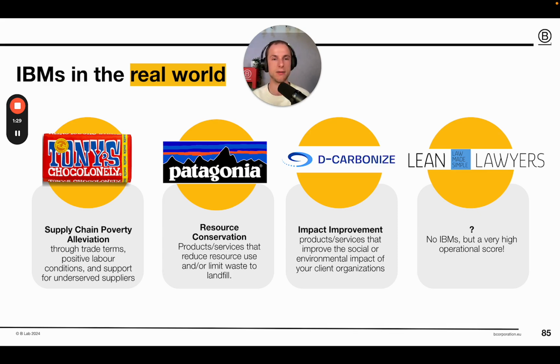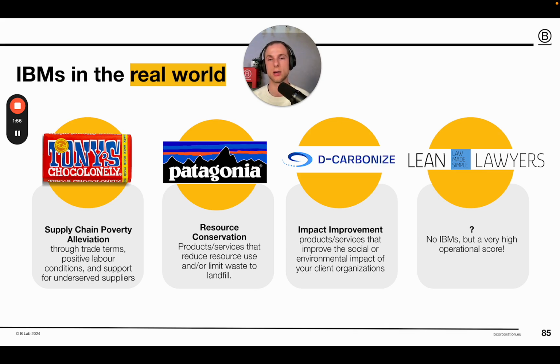So, for example, they have a take-back system and a repair system, and they also use recycled input materials in their products. And all of these initiatives are rewarded with the resource conservation impact business model. So they can confidently show and have verified by B Lab's analysts that their products contribute to conserving resources.